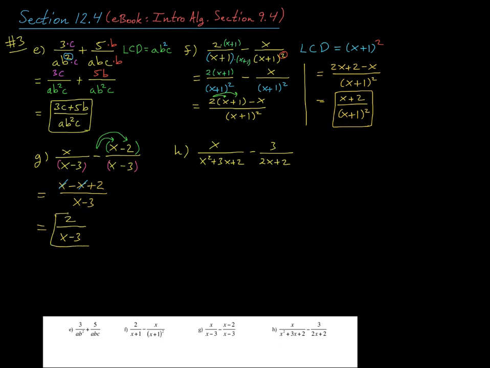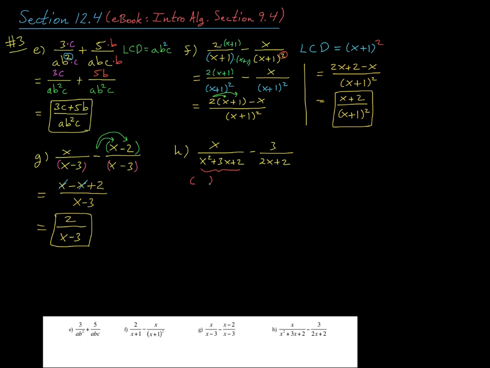All right. Great. And then for the last one, h, x over the quantity x squared plus 3x plus 2 minus 3 over 2x plus 2. Well, we need to build an LCD because we don't have a common denominator. And in order to do that, since these are not in factored form, our first job is to factor them.